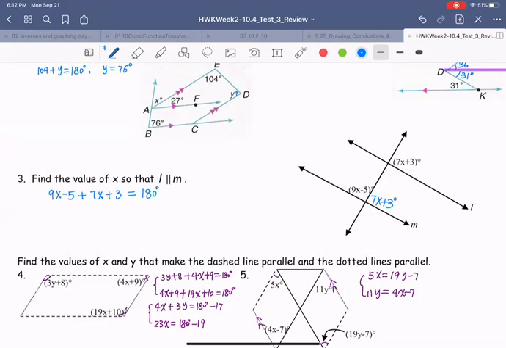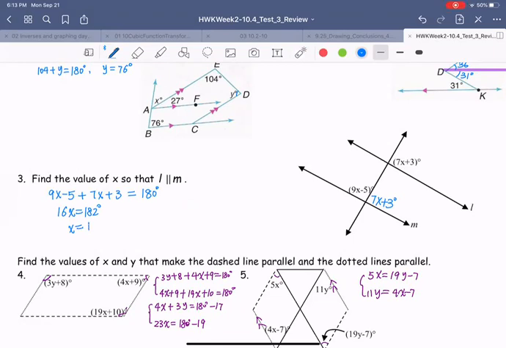I'm going to get my scratch paper. X equals how much? I need to solve it. You see, 18 divided by 16 is 1.